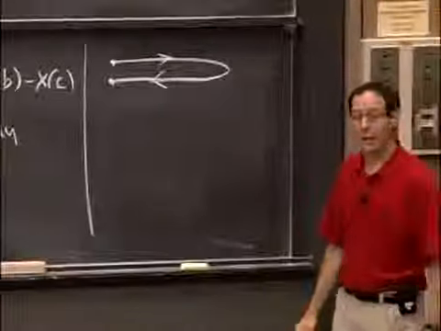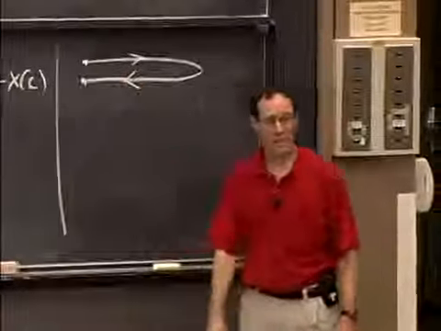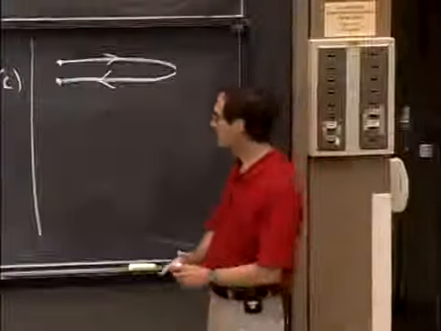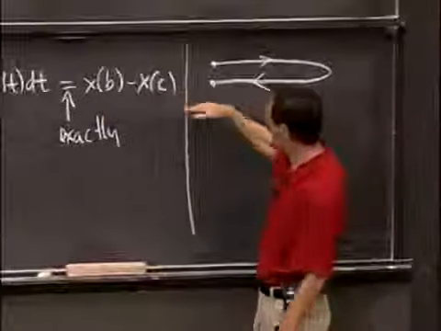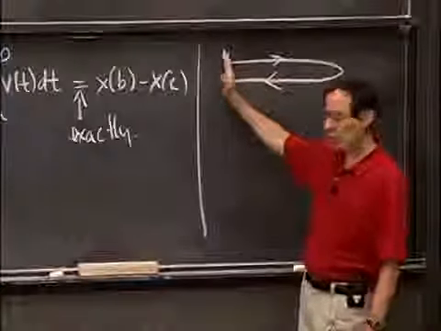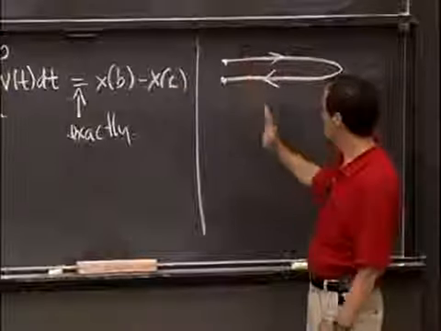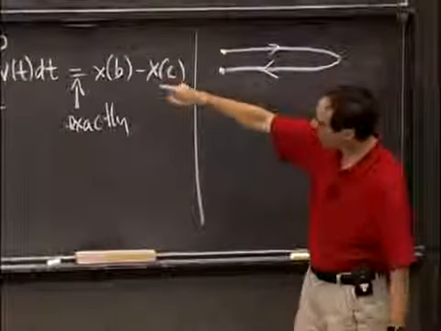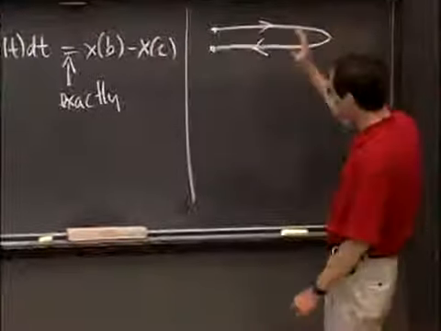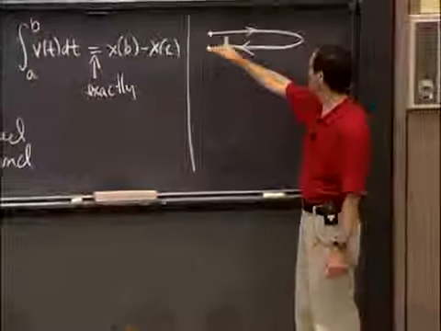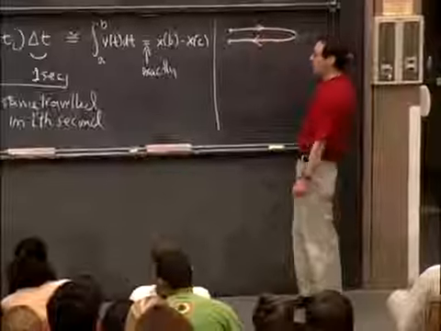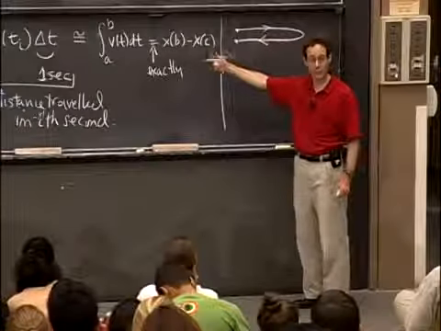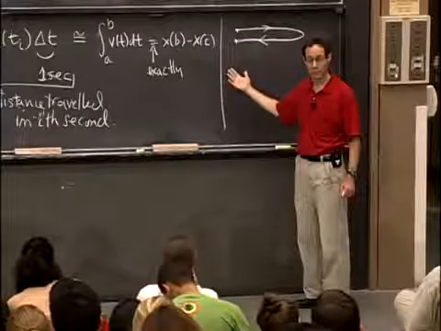Okay? And maybe even I do a round trip. I come back to the same place. Well, if I come back to the same place, then the position is unchanged from the beginning to the end. In other words, the difference is 0. And the velocity, technically, rather than the speed, it's the speed to the right and the speed to the left maybe are the same, but one of them is going in the positive direction, one of them is going in the negative direction, and they cancel each other.